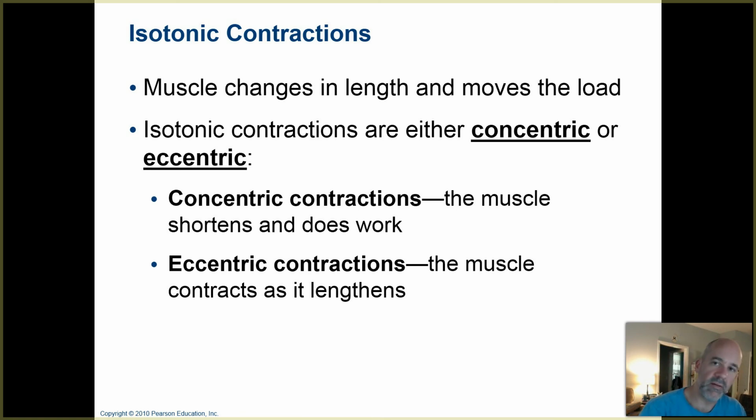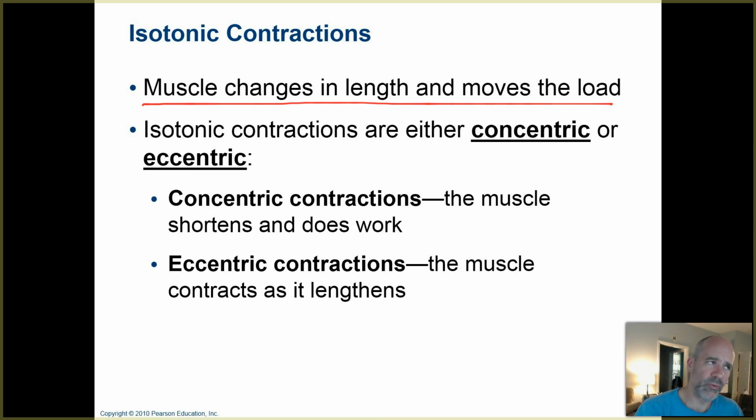All right, so that should have sounded a little bit contradictory, and I find information from different sources being contradictory with this, because some sources are going to tell you that isotonic contractions, the muscle shortens. Others are going to tell you that with an isotonic contraction, that just means that the muscle is changing in length. It's either getting shorter or longer as it moves the load.